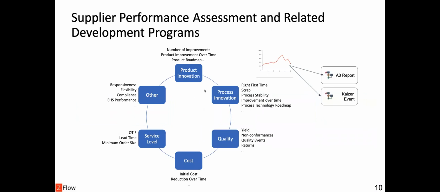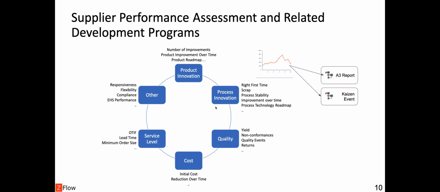The other thing that is very related to supplier development is performance assessment and related development programs. This needs to happen, if not on a daily basis, on a repeated, periodic fashion, so that both the supplier and you as an organization have a clear picture of how the supplier is performing.